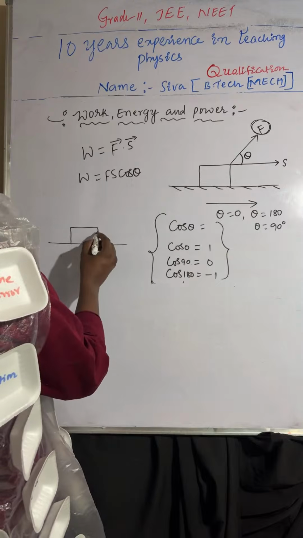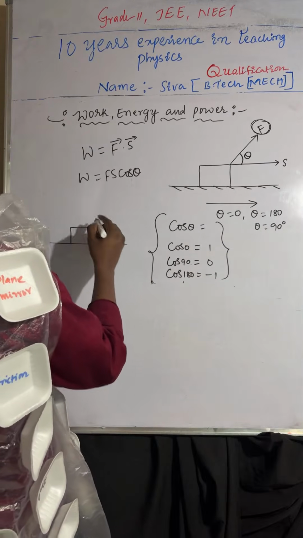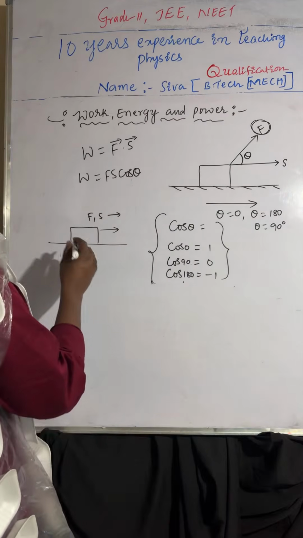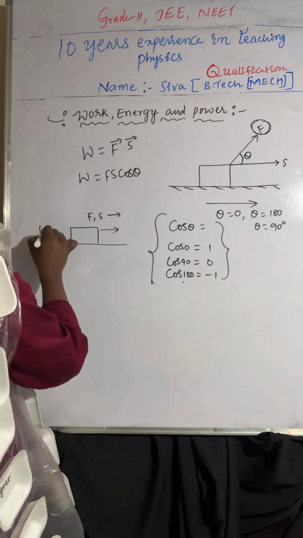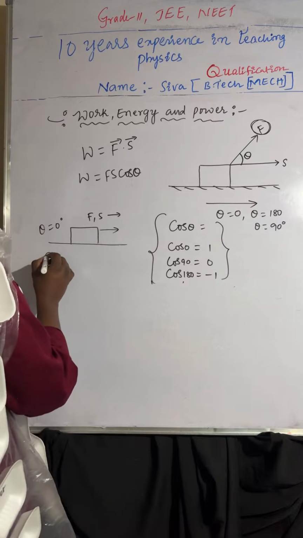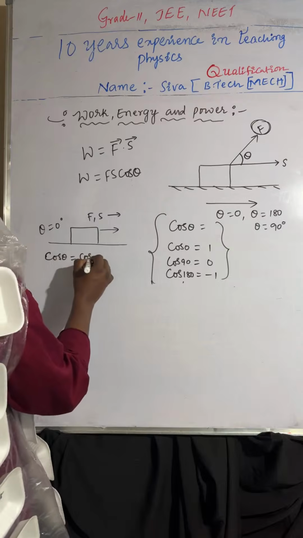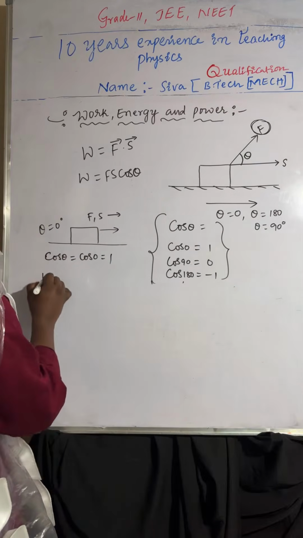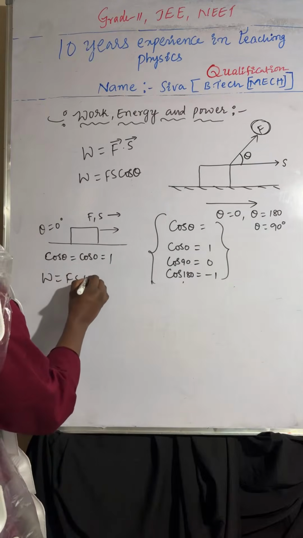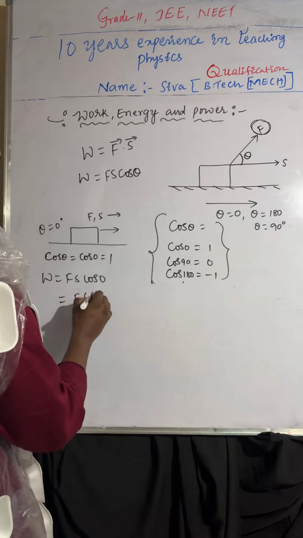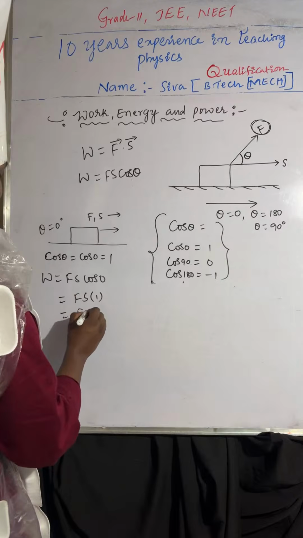When we apply force and the object moves in the same direction, force and displacement are acting in the same direction, then theta is 0 and cos 0 value is 1. Then W equal to Fs cos 0, so Fs into 1, that is Fs.